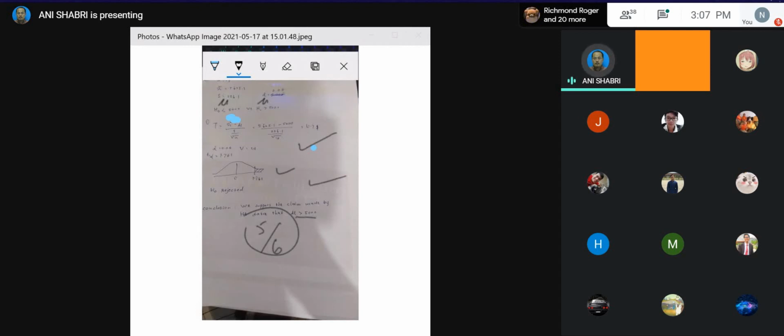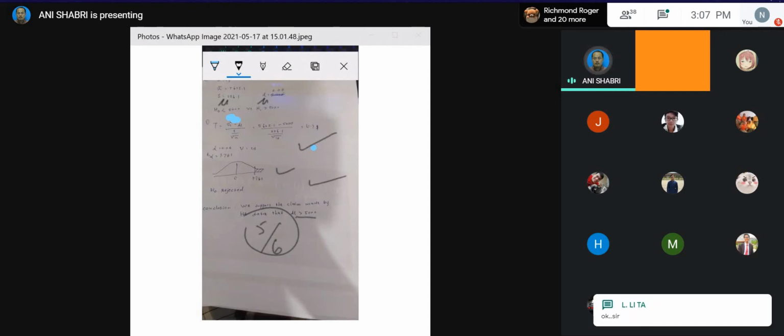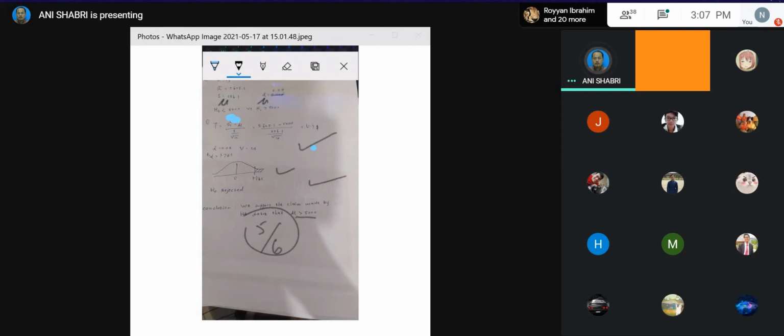Okay, what is the value? Try find which the value t distribution. T 0.025, and v is 9. Okay, what is the value 9? Berapa nilai dia?